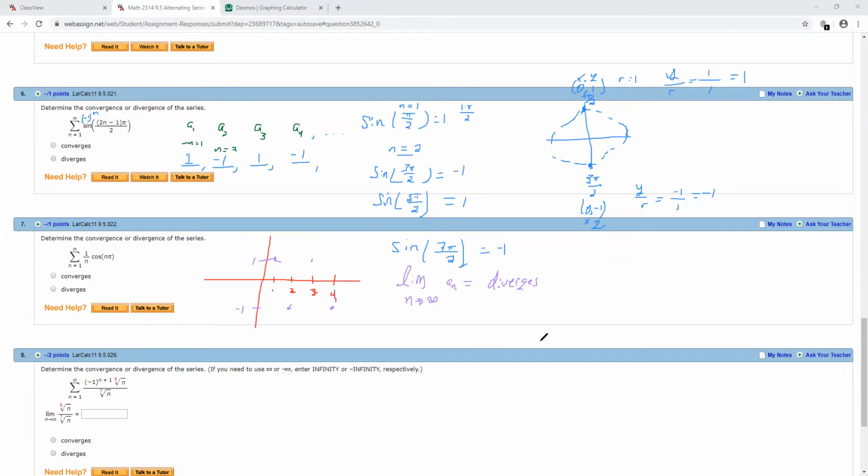Or because they're alternating? Does that mean that the limit doesn't exist? Yes. Alternating between negative 1 and 1, which means the limit does not exist.